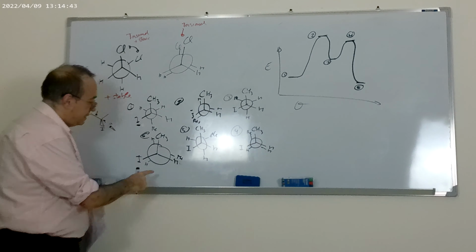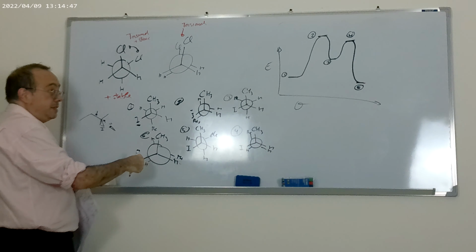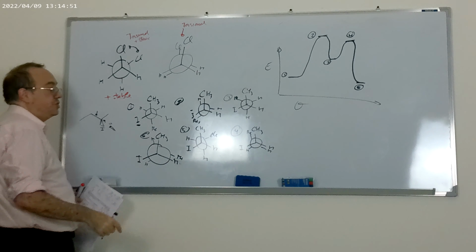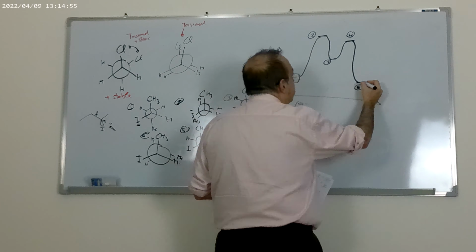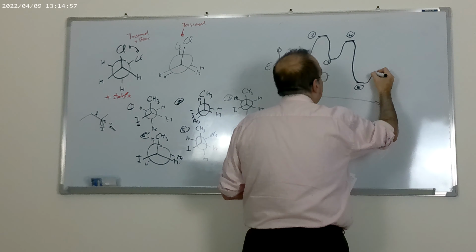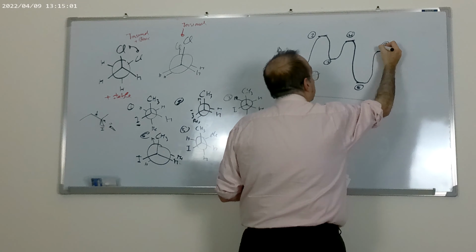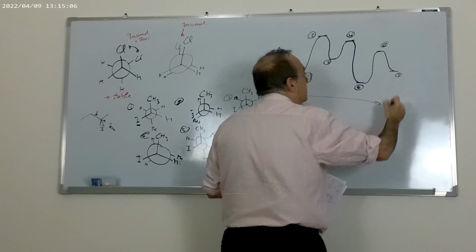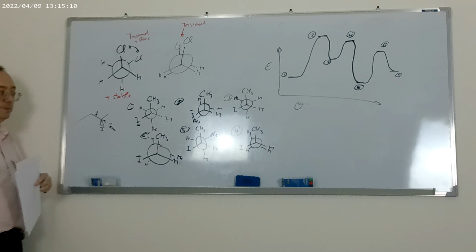And then 6, I have it eclipsed, but all the groups are facing a hydrogen. That means it's not so horrible, it will be the eclipsed with the lowest energy. And from 6, I come back to 1. Okay, this will be the energy diagram.